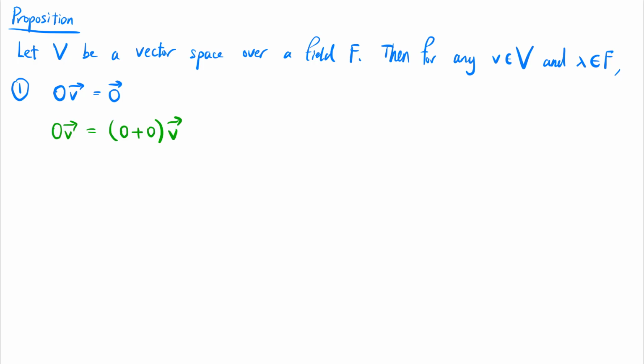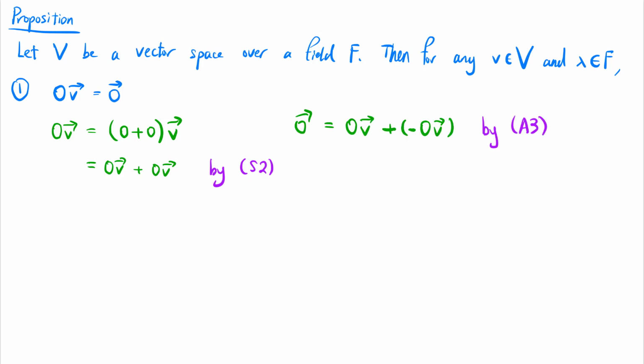We start with 0 times v, which equals (0 plus 0) times v. This equals 0 times v plus 0 times v using S2. Now, the 0 vector equals 0 times v plus negative of 0 times v by A3.